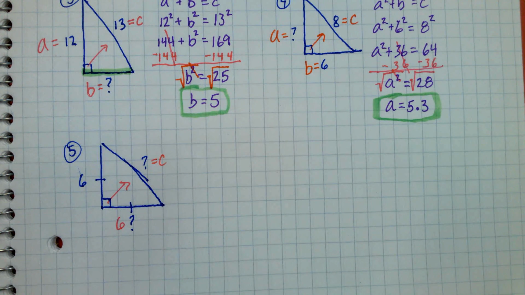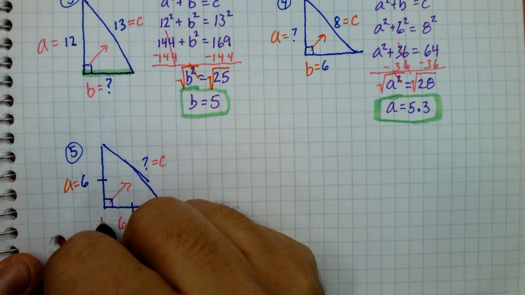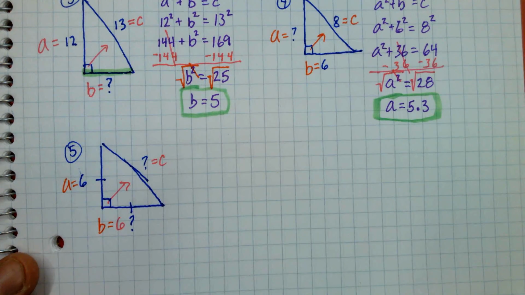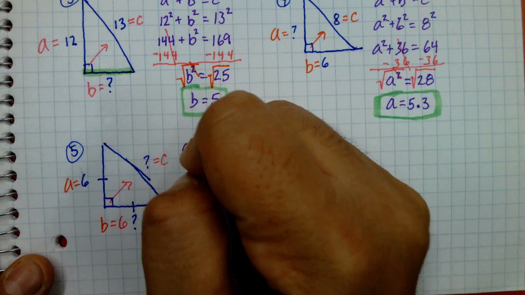Okay, so again, we don't know C, the hypotenuse. So let's label this A and B, even though both A and B are 6. Okay, so back at A squared plus B squared equals C squared.